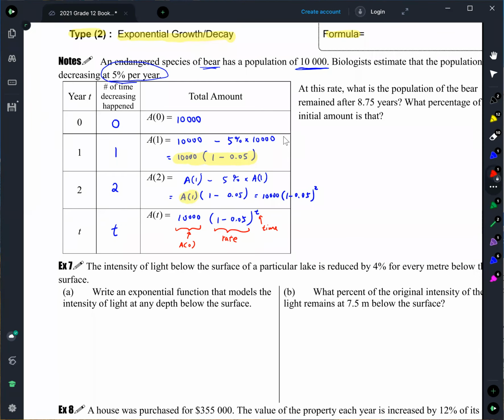So the most important thing is to know how to set up, okay? Know what number to put into the formula. Okay, please raise your hand if you finish writing down.